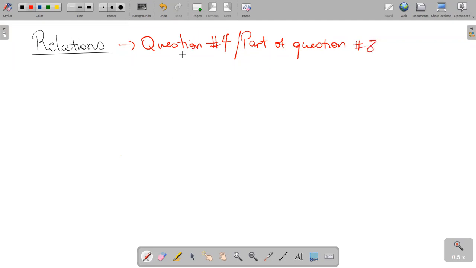But today we're going to focus more on the question 4 aspect of the question. Question number 4 is split into 2. It deals with both relations, functions, and graphs. So we're only going to do the relations and functions part, and then we're going to do the graph part next week.